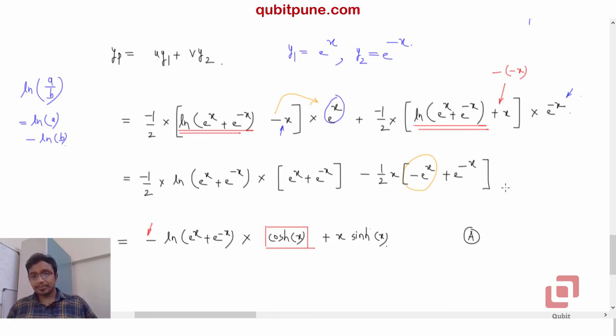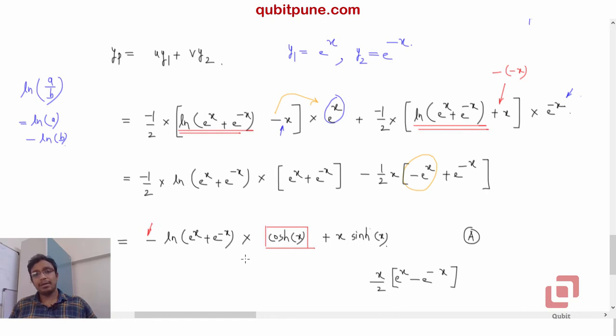Now in this case, if I take this negative sign outside, it will make it x by 2, and inside e to the power x will become positive and e to the power minus x will become negative. And what is e to the power x minus e to the power negative x upon 2? That is sine hyperbolic, so it is x into sinh of x.